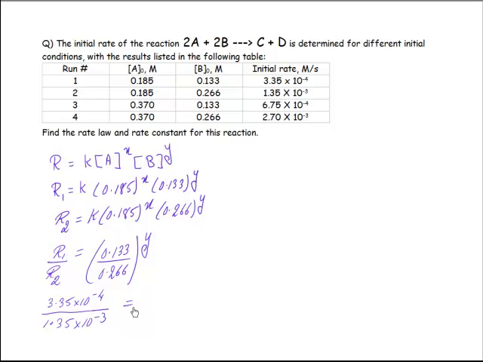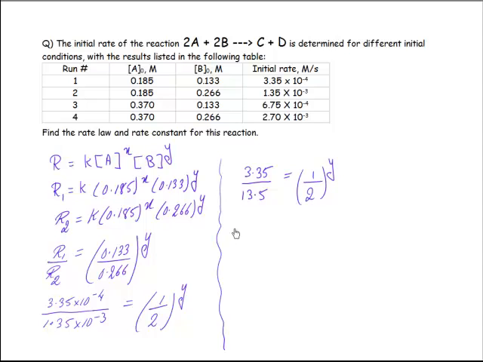And here 0.133 will cancel out with 0.266 and we'll get half raised to Y. Now effectively the right hand side is 3.35 divided by 13.5, and that is equal to 1 upon 2 raised to Y, or we can say 13.5 divided by 3.35 is equal to 2 to the power of Y.